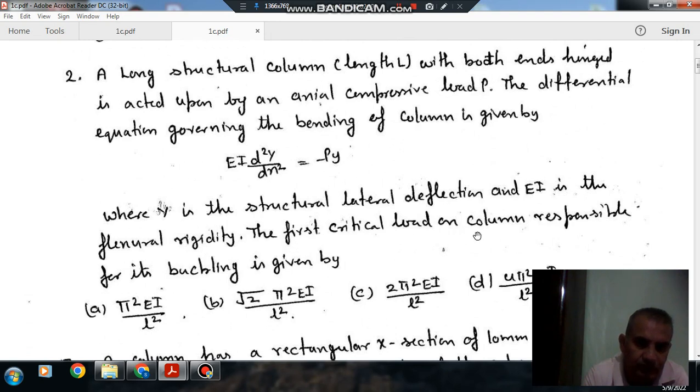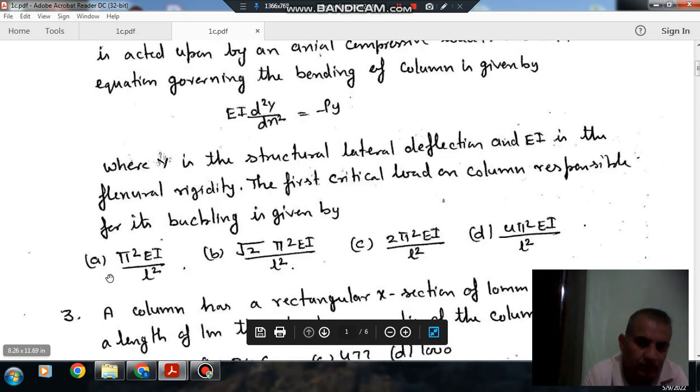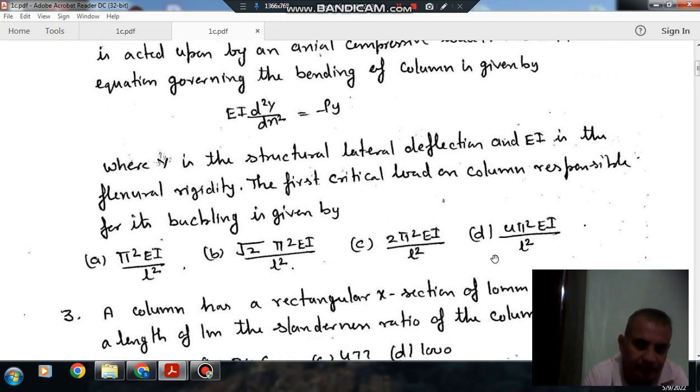The first critical load on the column responsible for its buckling is given by: option A pi square EI by L square, option B 2 pi square EI by L square, option C pi square EI by L square, option D 4 pi square EI by L square.